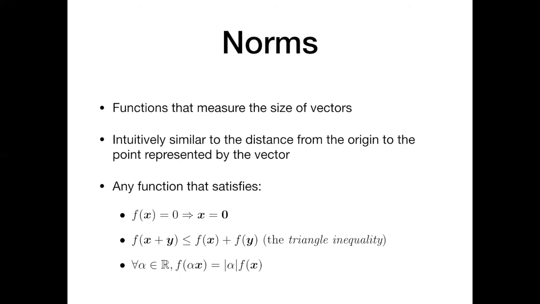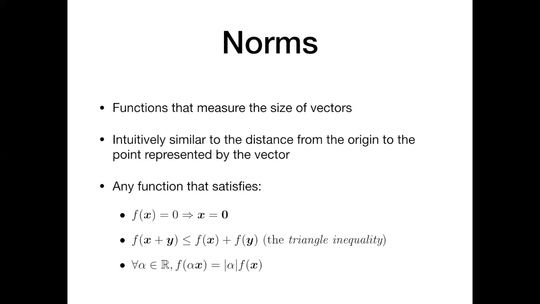But in a more abstract way, norms can be any functions that satisfy these three conditions. First, if f(x) is equal to 0, we can say that x is equal to a zero vector.